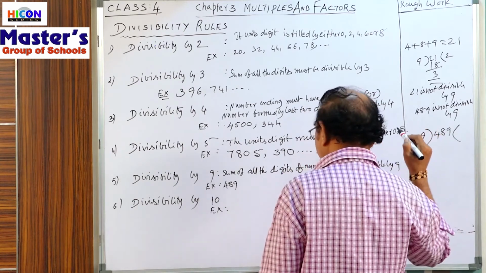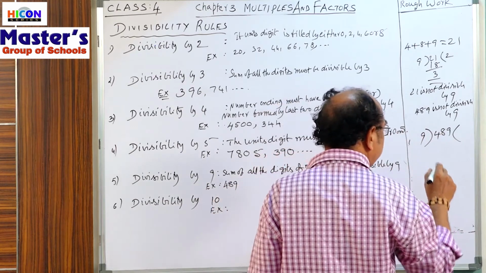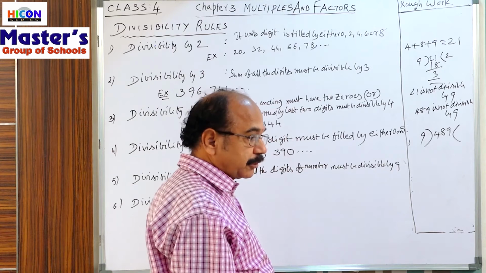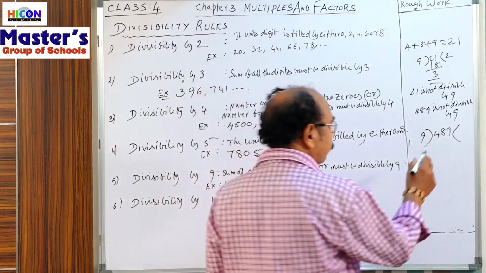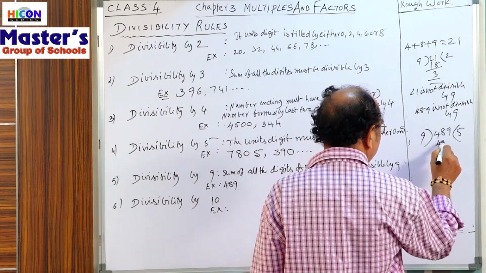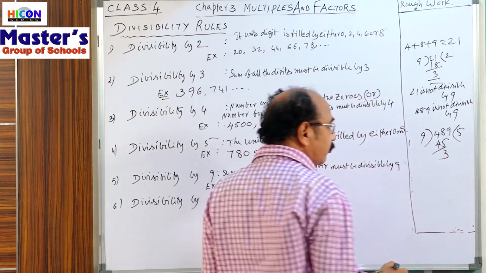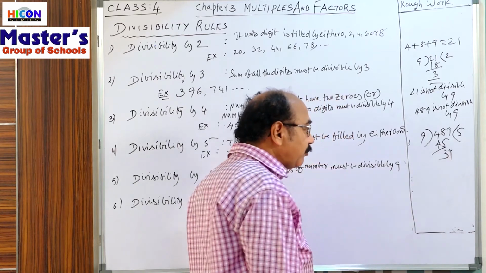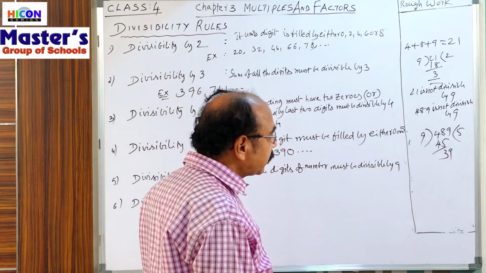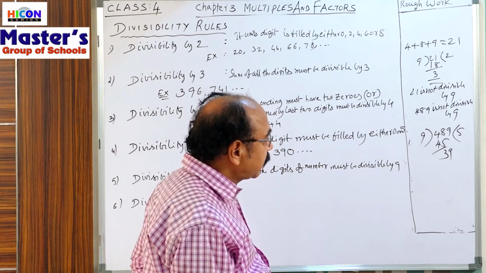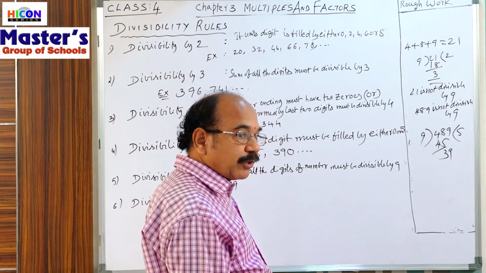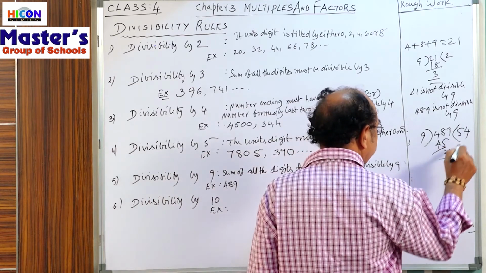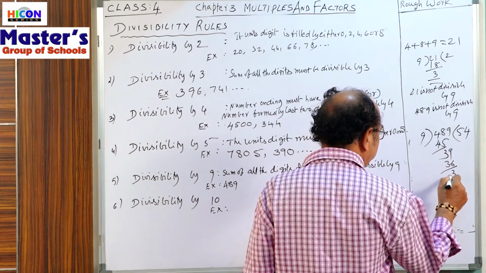Now the actual division of 489 by 9. 9 fives are 45, and the remainder is 3.